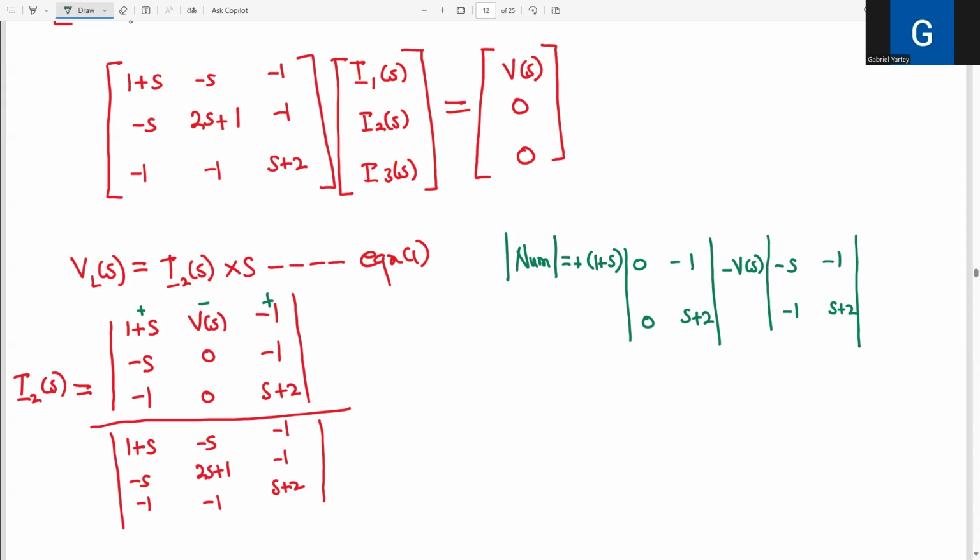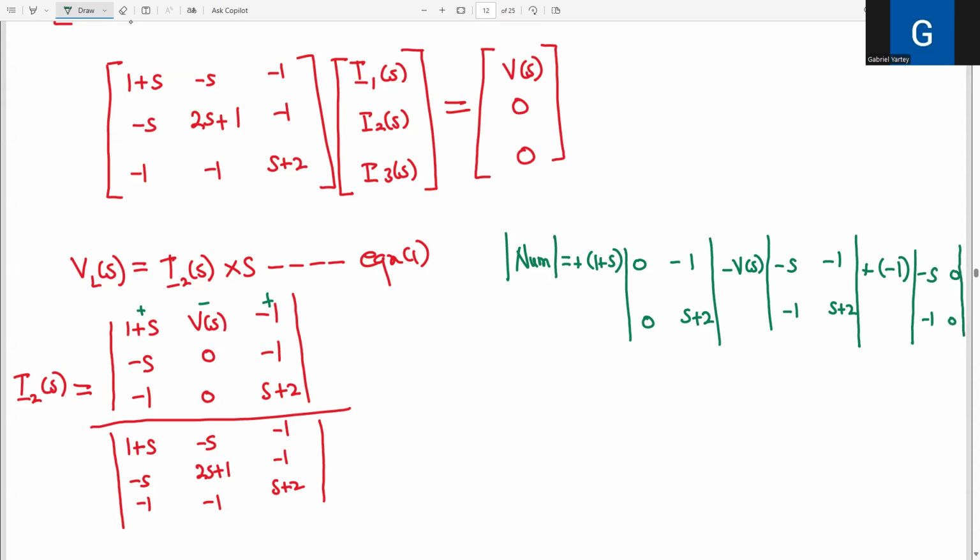And then we'll go with plus multiplied by minus 1 multiplied by the determinant of, you take this one out, you take that one out, you are left with minus S, 0, minus 1, and 0. So you have minus S, 0, minus 1, 0.